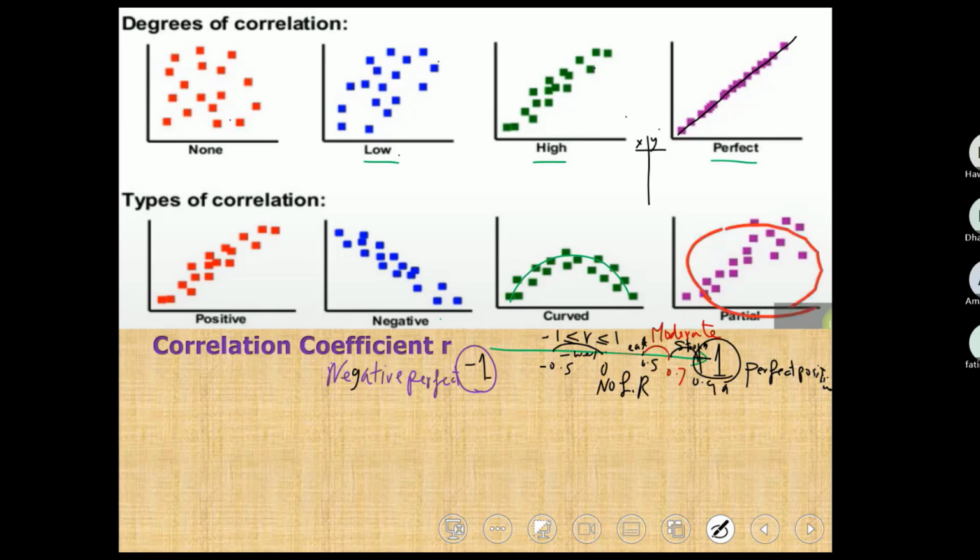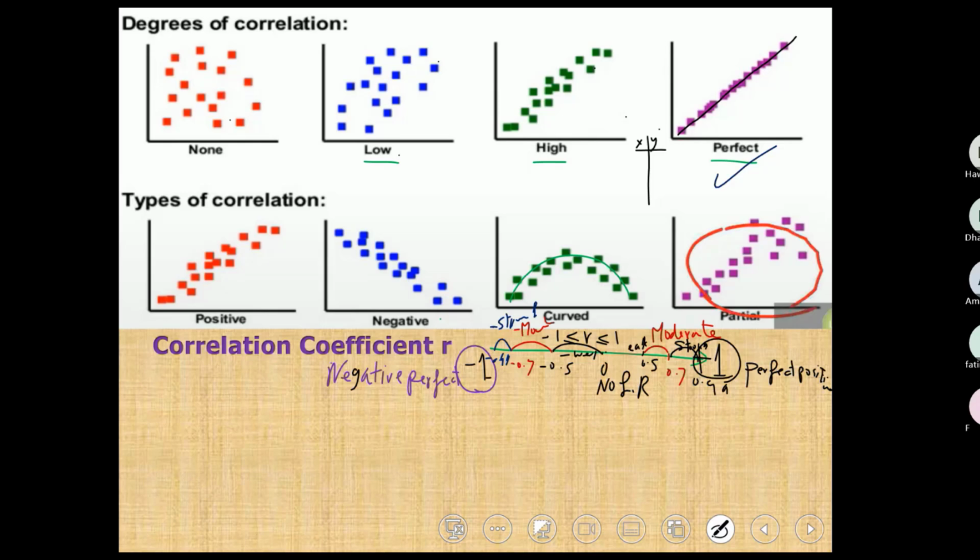Okay. From -0.5 to -0.7, you call it negative moderate. If you exceed 0.7 to 0.99, but negative, you say negative strong linear relation. If you are exactly -1, it will be perfect. Here, this is the one, perfect. No points outside your line, okay?